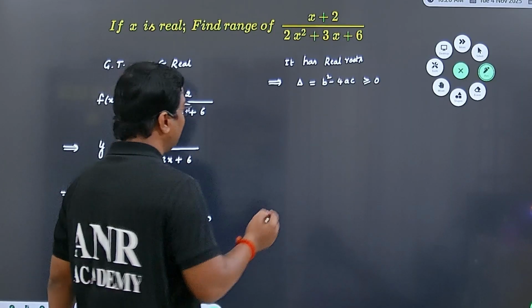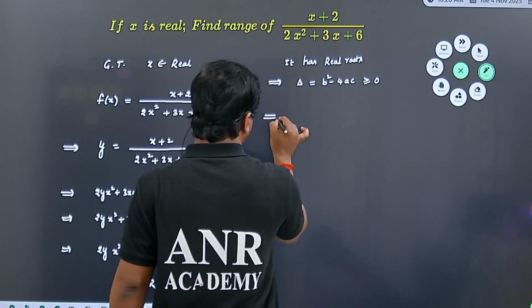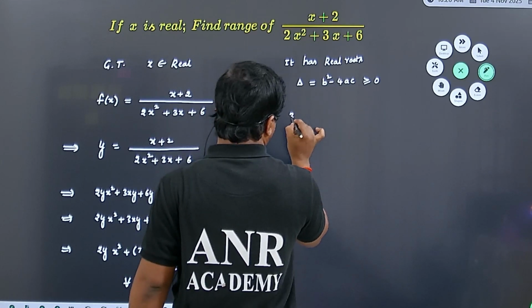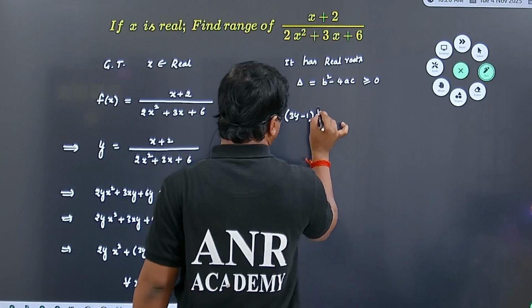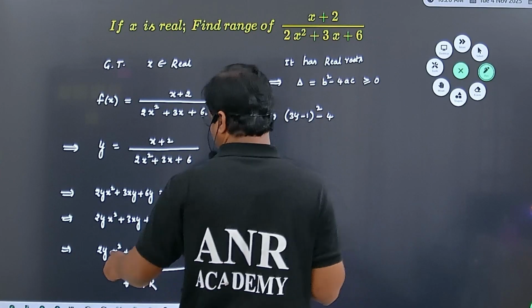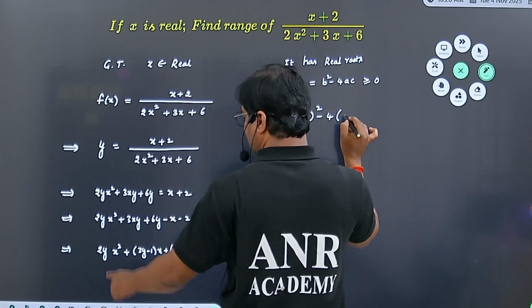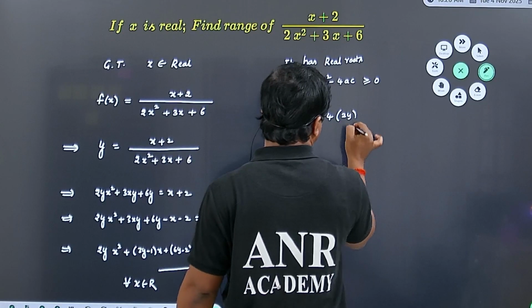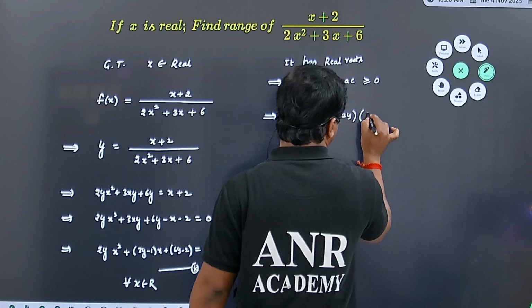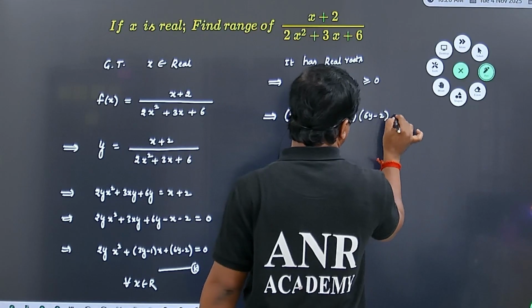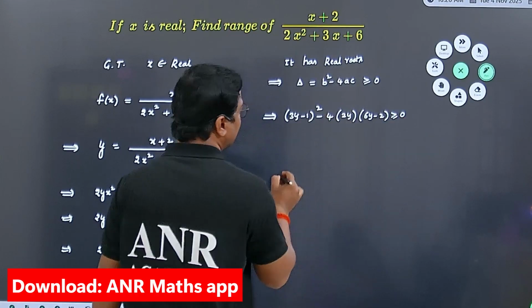Now b square value, substitute b value, coefficient of x (3y minus 1) whole square, next minus 4 into a, that is coefficient of x square, you have here 2y, next constant c, that is 6y minus 2, which is greater than or equal to 0.